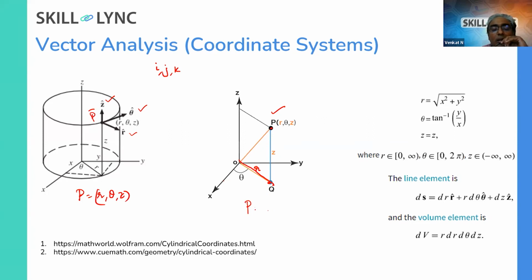So r cos theta is your x component. r sin theta is your y component. The z coordinate remains the same. Everyone clear on this? So r is nothing but root of x square plus y square. So if you draw a line, right?